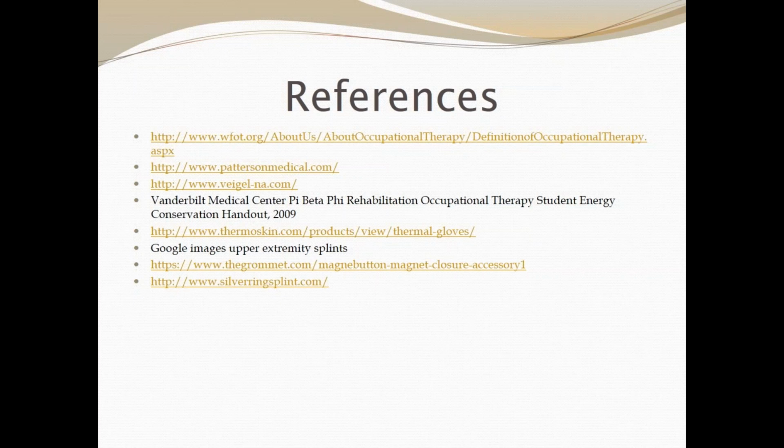You can get a button hook for about $10, but some of the equipment can be rather expensive. So it's really a personal decision based on how many resources you have. And if you really want to stay as independent as possible, an OT can absolutely help you figure out how to do that as fiscally responsibly as possible.